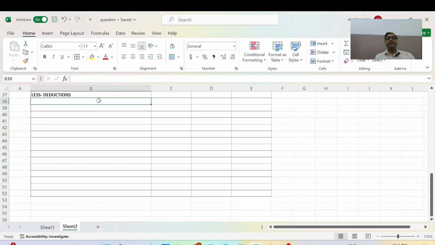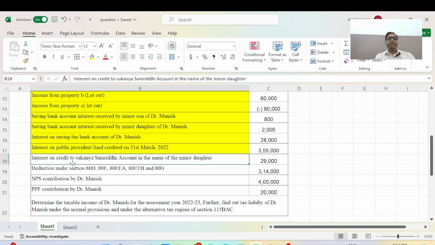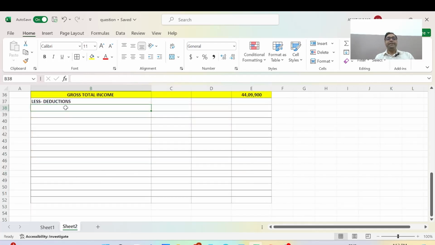Number one is under section 80D, 80E, 80EEA, 80EEB, and 80G. All these deductions will be here under this section.